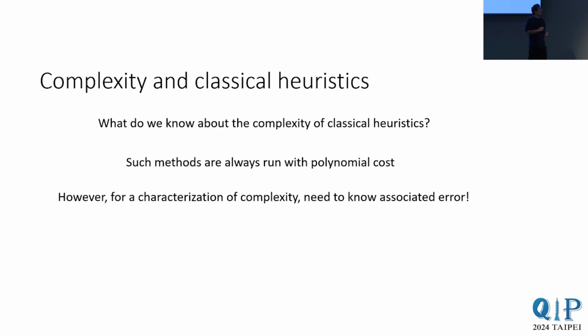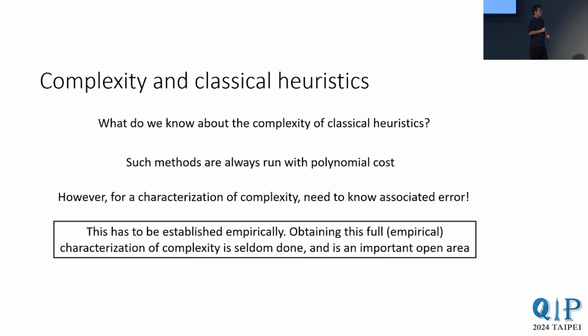And as it turns out, there will be no theory of error because these heuristic algorithms are very difficult to analyze. But you can get some understanding of the error just through a lot of empirical observations. Nonetheless, obtaining this full characterization of the complexity of heuristics is very seldom done. And I think of it as an important open question.